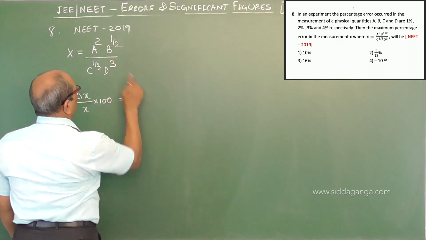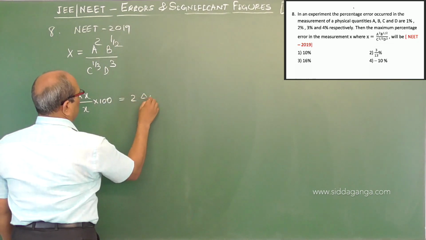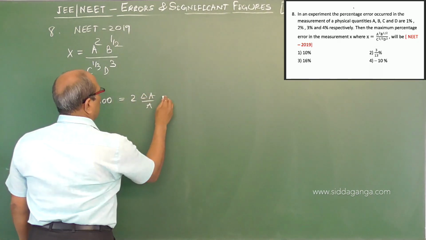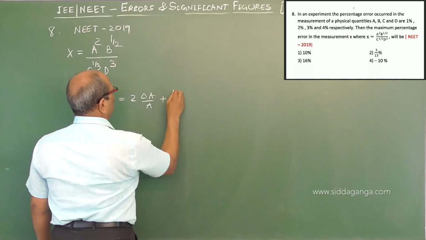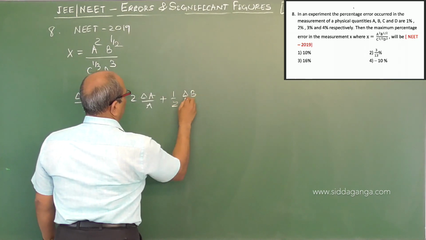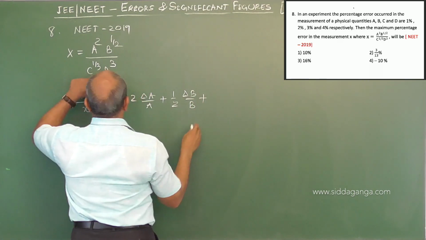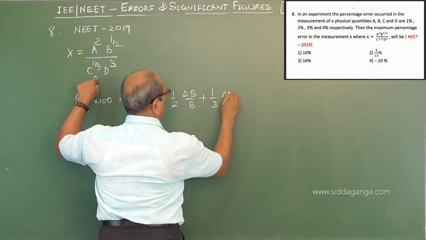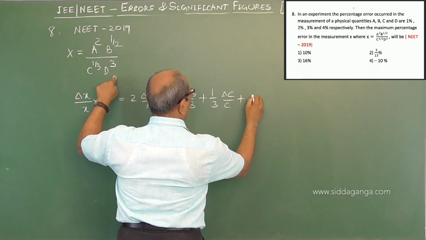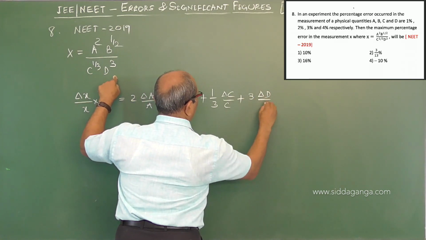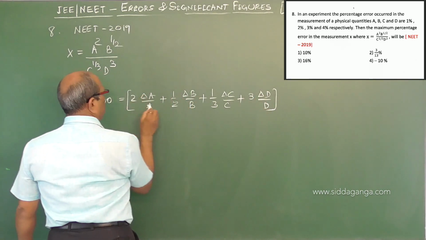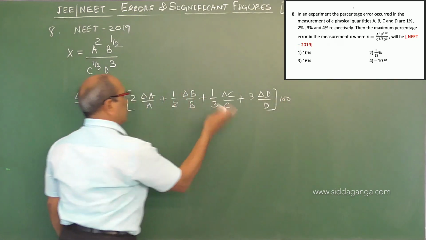So the maximum percentage error is 2 into delta A by A plus half into delta B by B plus 1 by 3 into delta C by C plus 3 into delta D by D. It should be multiplied by 100 in percentage calculation.